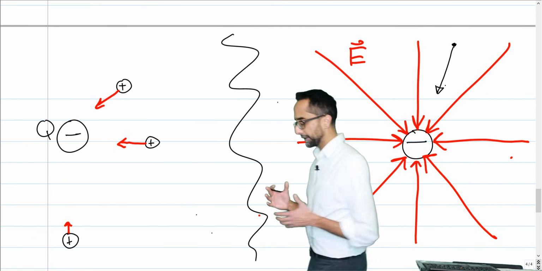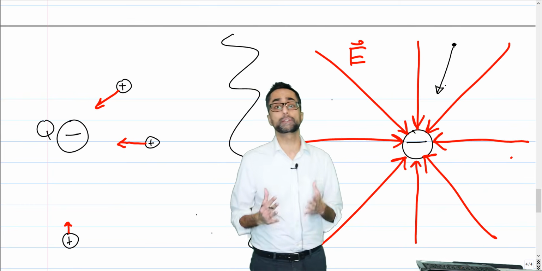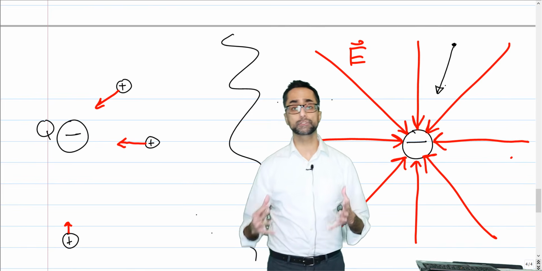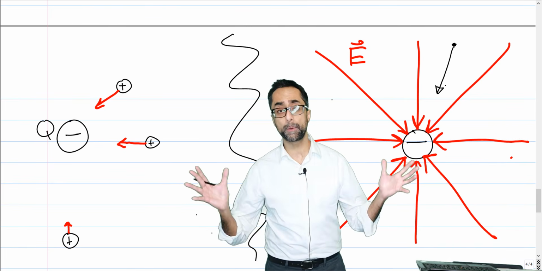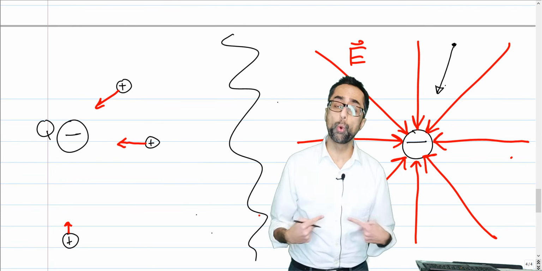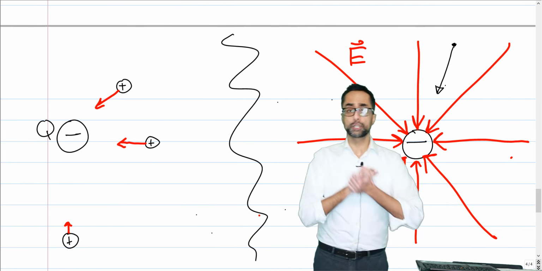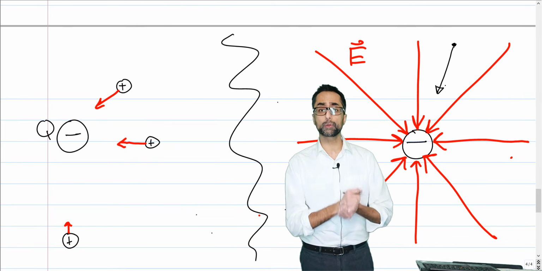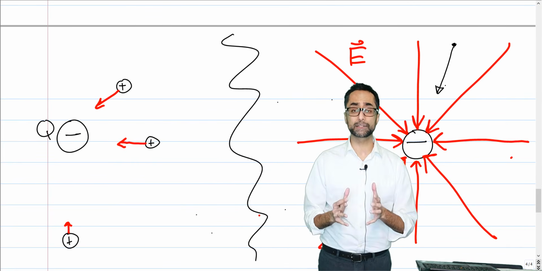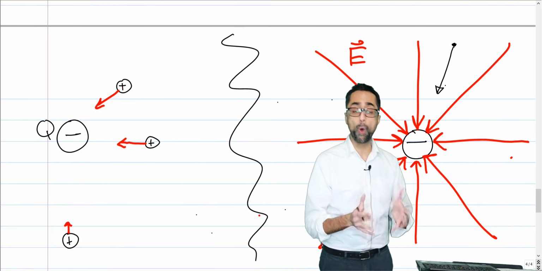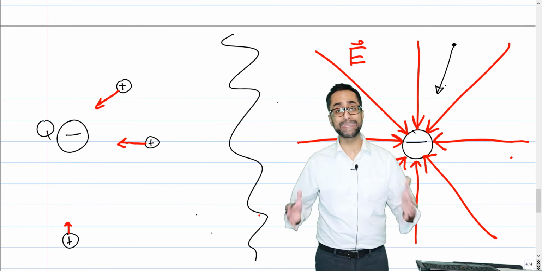All we've basically figured out as far as direction goes is that the electric field direction is always away from a positive charge and always towards a negative charge. We're going to use that information to build upon with our equation to solve for the electric field of not just one charge, but many charges.